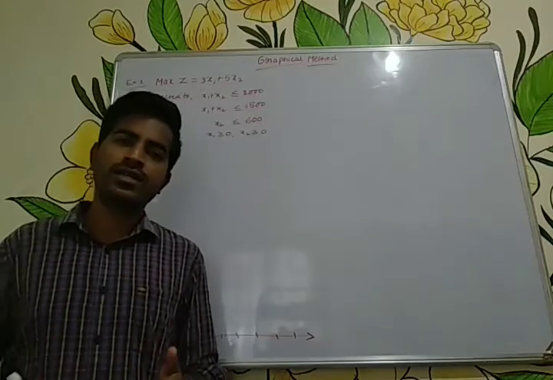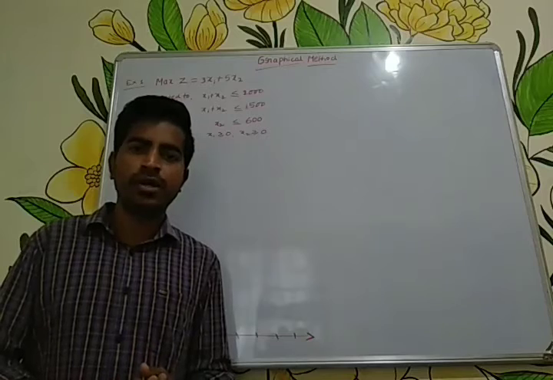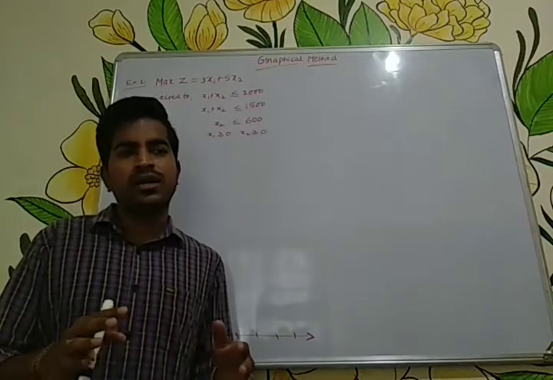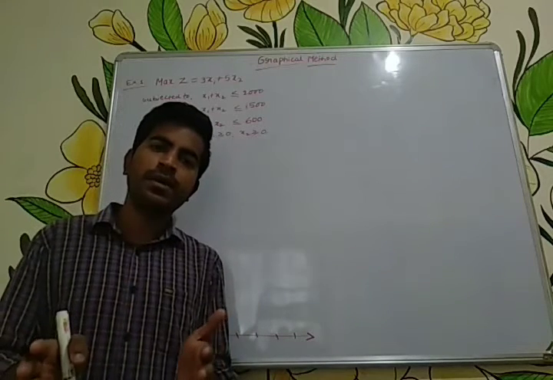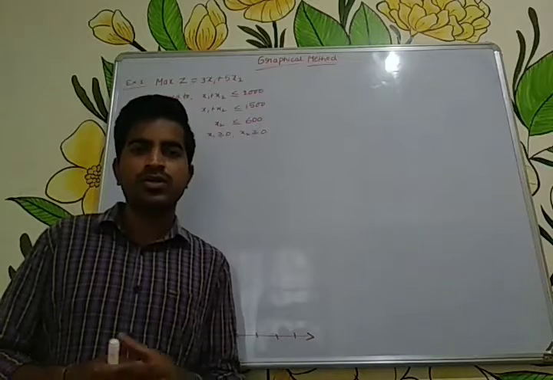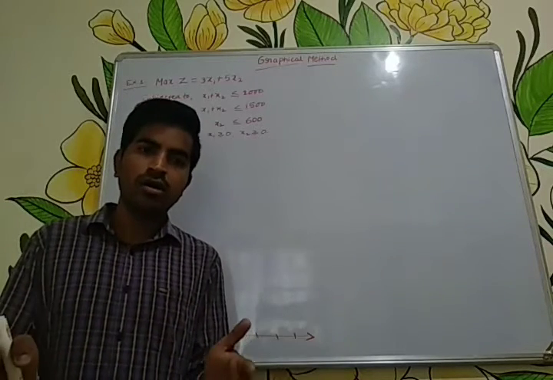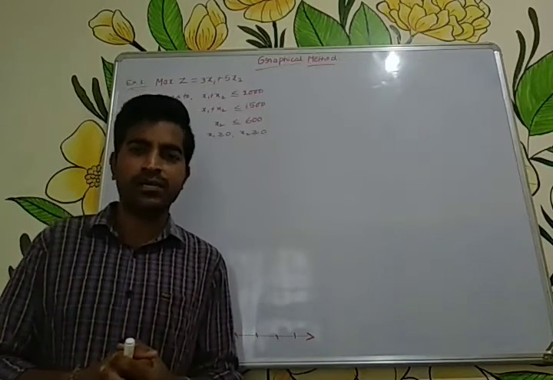So far we have discussed how to formulate linear programming problems from the problem description. In order to get the solution to the given problem, the formulated LPP has to be solved. So let us discuss in this class how to solve that formulated LPP by using the graphical method.